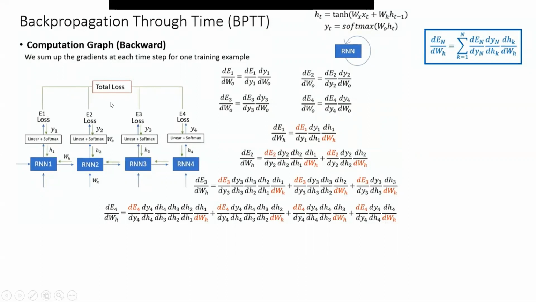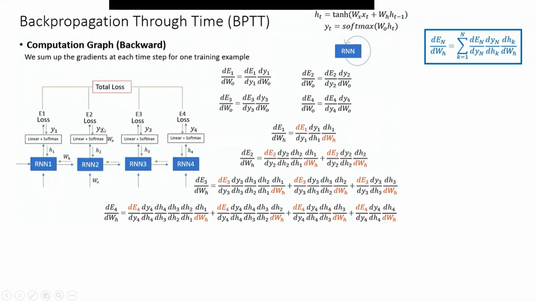As we've already studied backpropagation, we'll see how backpropagation works in the case of an RNN and how it is different from backpropagation in a deep neural network. If we calculate the backpropagation for the loss with respect to this weight, the output layer weight WO, so dE1 by dWO, by applying the chain rule, it would be E1 with respect to Y1, and Y1 dependent on WO, right?